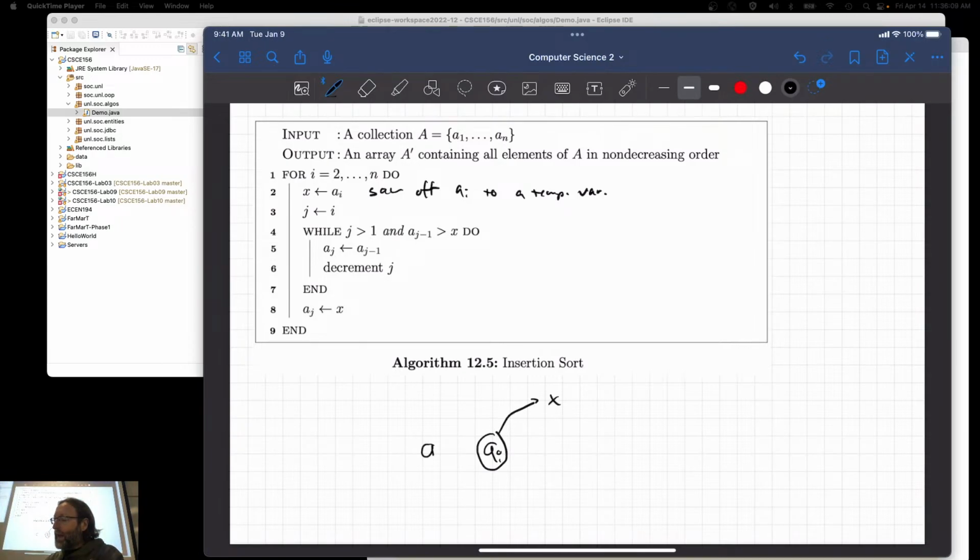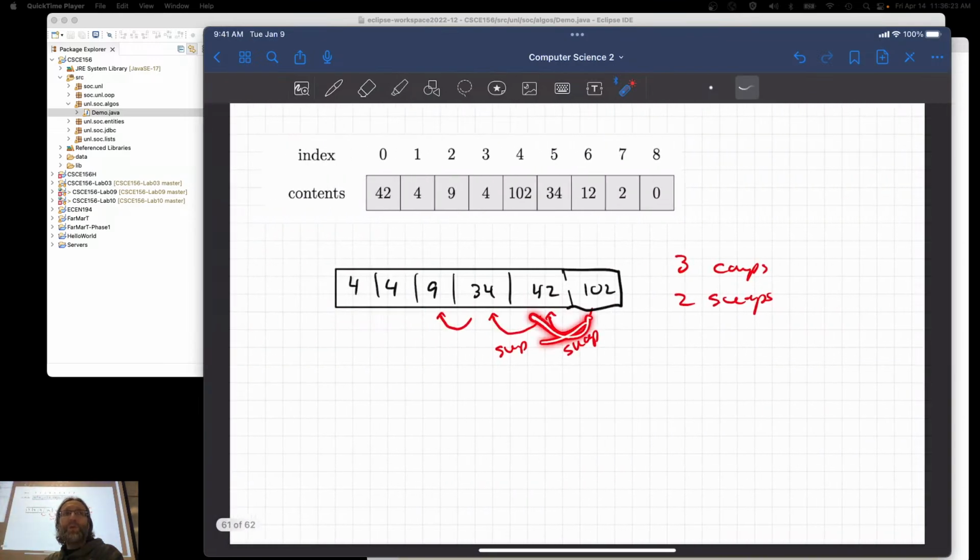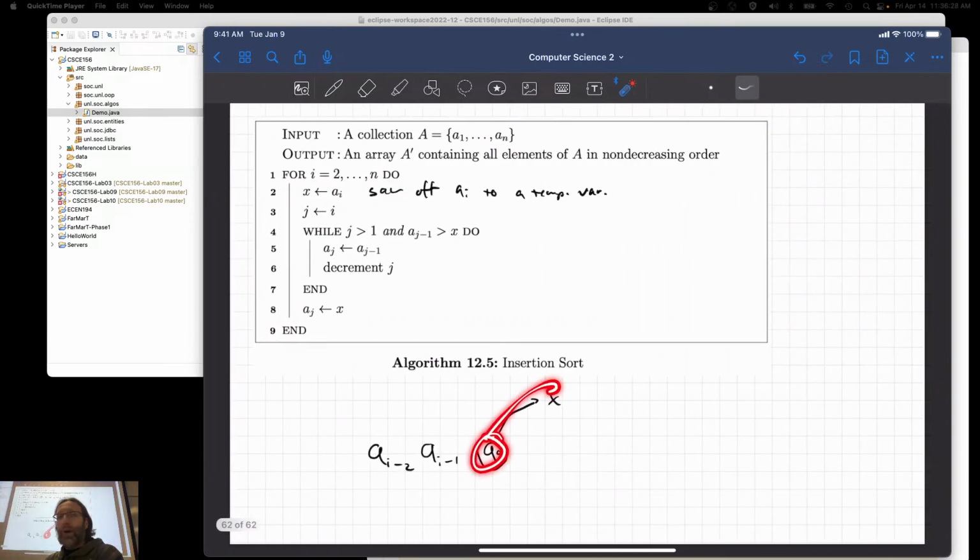Because I'm going to look at a sub i minus 1 and a sub i minus 2. Ultimately, I need to determine, should I shift this thing up because I need to insert x there? I don't want to have to swap. My original presentation here was swap. But all I'm going to end up doing is saving this one off and then shifting them instead, so that I don't have extra work.